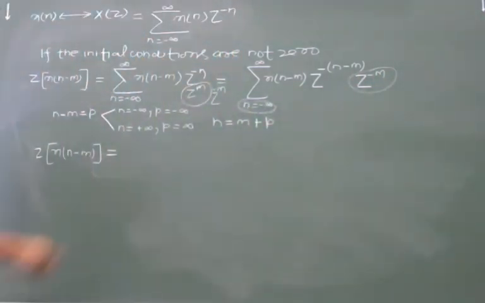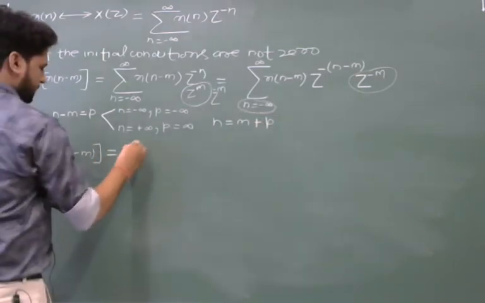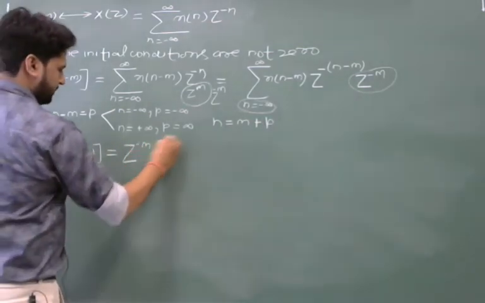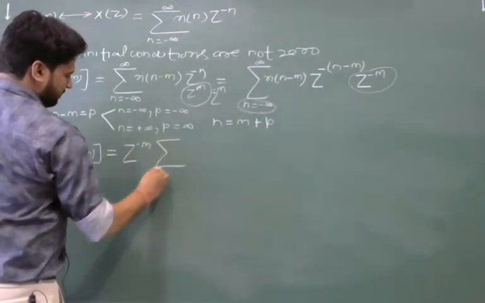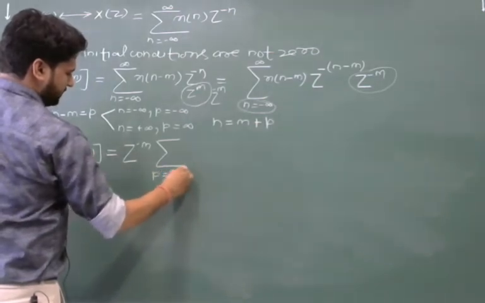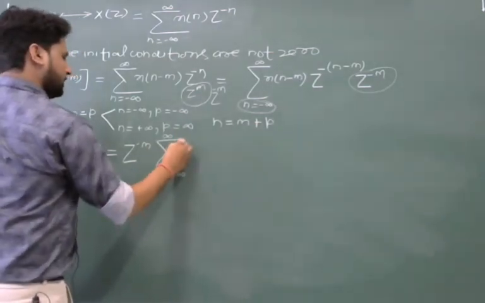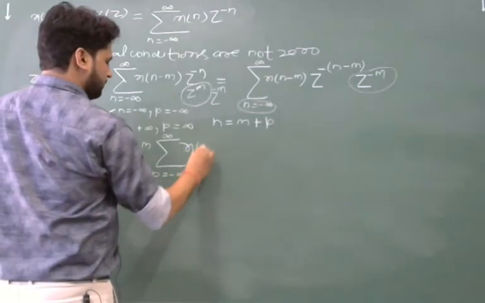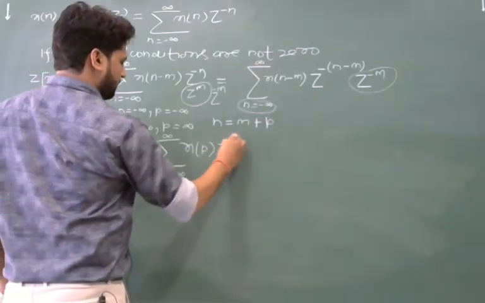So I will write it here, z power minus m summation p is from minus infinite to plus infinite x of p into z power minus p.